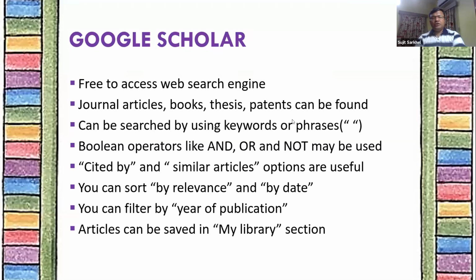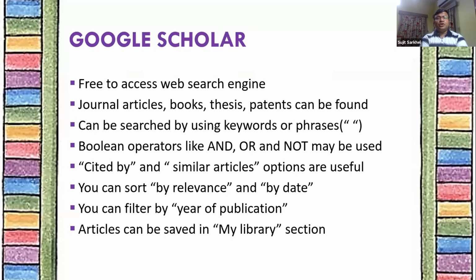Now I'm coming to Google Scholar. Google Scholar, unlike PubMed, is not so efficient a search engine, but it has access to many more articles than PubMed. It is a free to access web search engine. It is not a scholarly database. It has access to journal articles, books, thesis, patents, and can be searched mostly by using keywords or phrases.